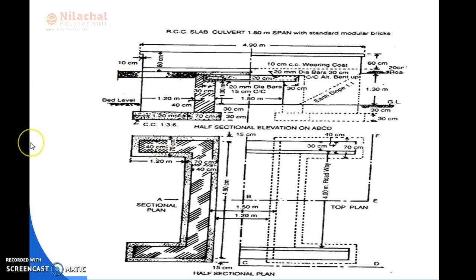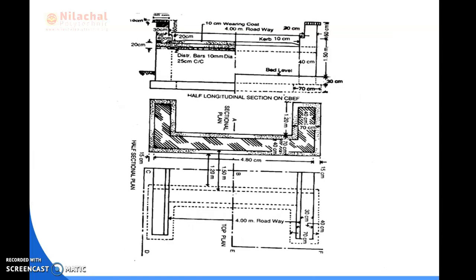Then how much are the breadth and height? We already discussed the breadth and height of the wing wall. We can find them from the half longitudinal section CVEF, because the CVEF line cuts the wing wall. Here are the details of CVEF. Here the width of brickwork is provided as 40 centimeter. It means the width of the wing wall is 40 centimeter.